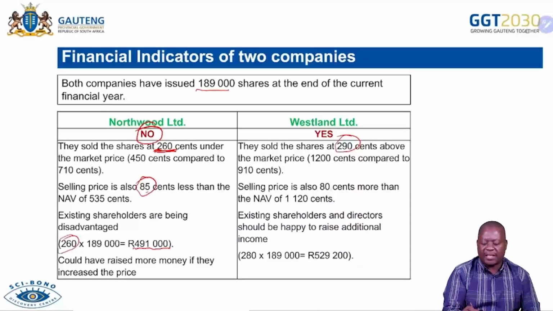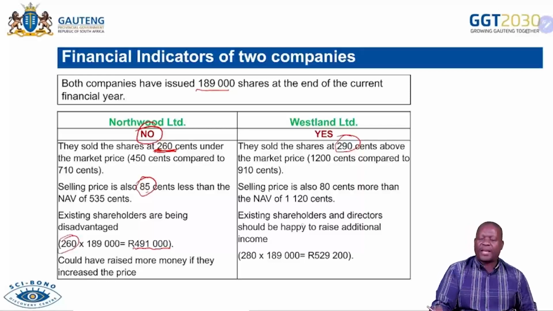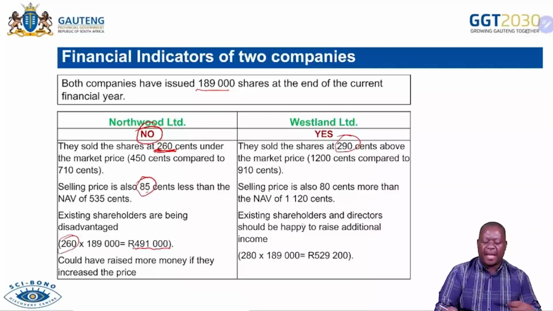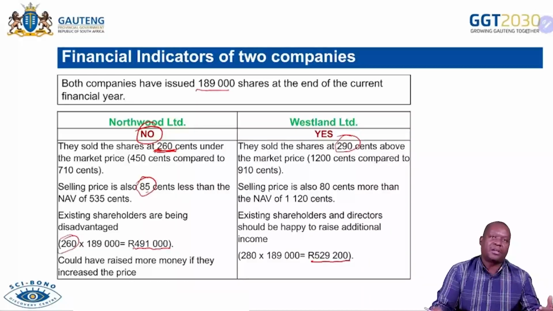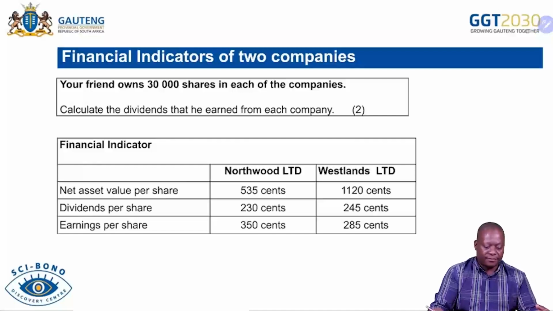The selling price is also 80 cents more than the net asset value. What does that mean? It means the existing shareholders in this case are gaining 529,200. They couldn't have done it in any better way.